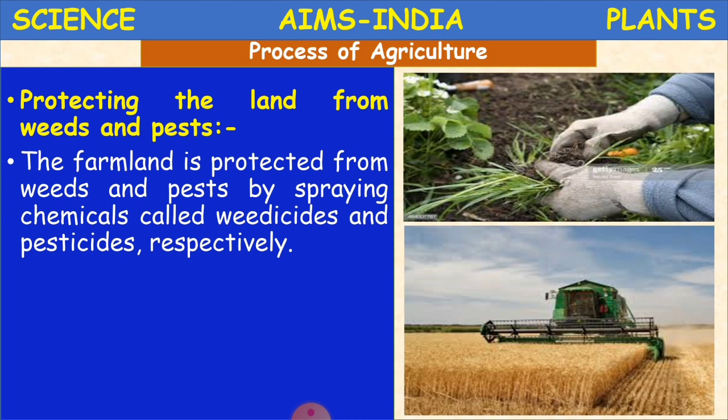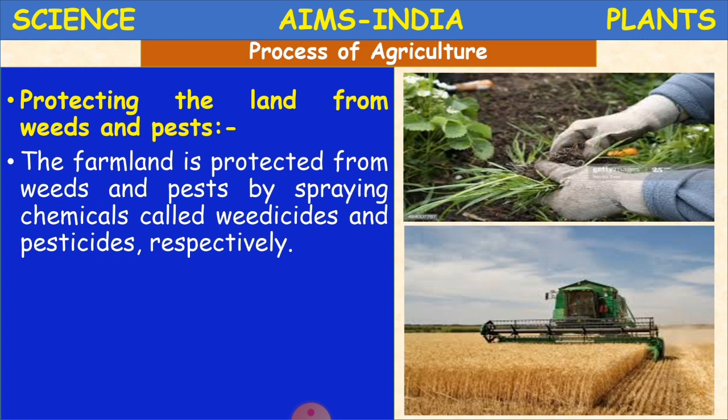And another thing is pests. As I said before, these pests are going to damage the plant. They are going to eat or spoil the plant and the crop, so we have to protect it from that also. These are prevented by spraying chemicals.